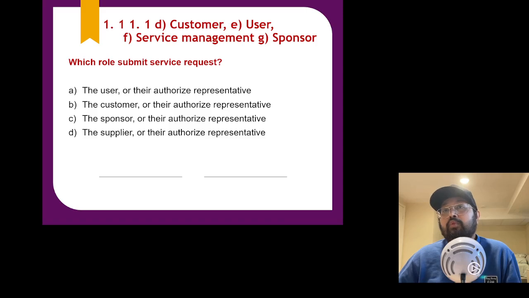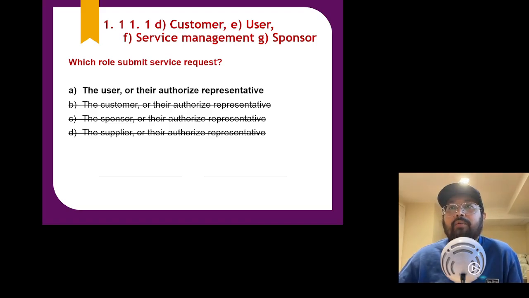So we have to choose between the user or the customer. We know the customer requests for service, okay, but the user uses the service. So I will choose option B, the customer. Let's see. Oh no, I am wrong. The user or their authorized representative is the role who submits service request.